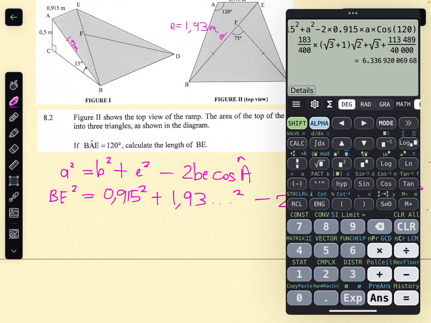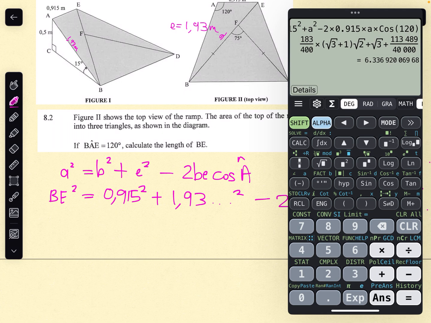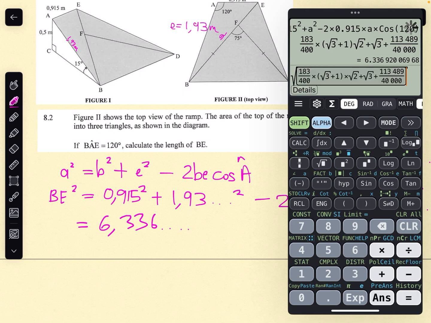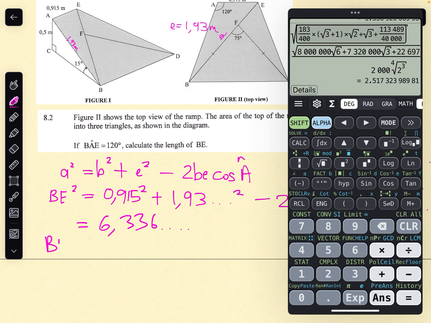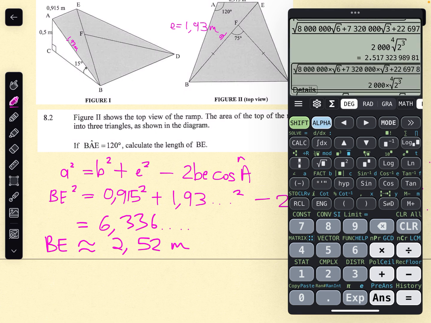So we get 6,336 blah blah blah, and then the square root of that is 2,52 meters approximately. I'm going to store that too in case we need it.